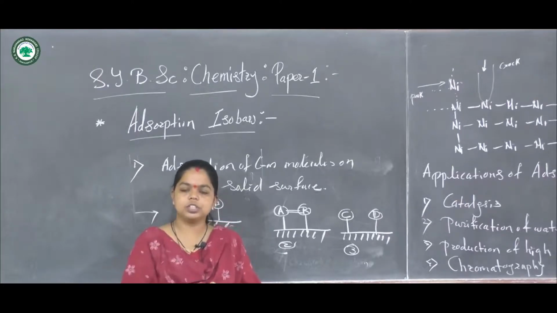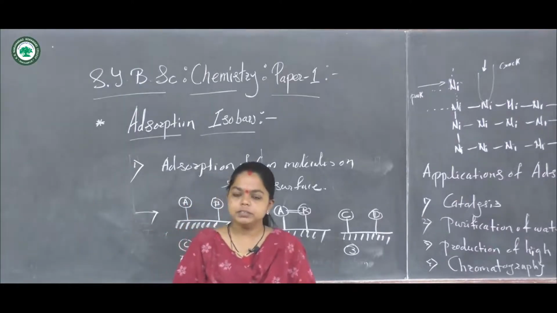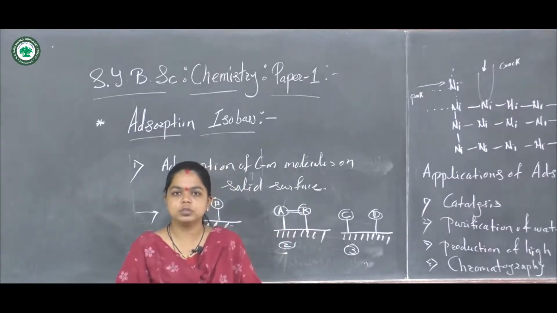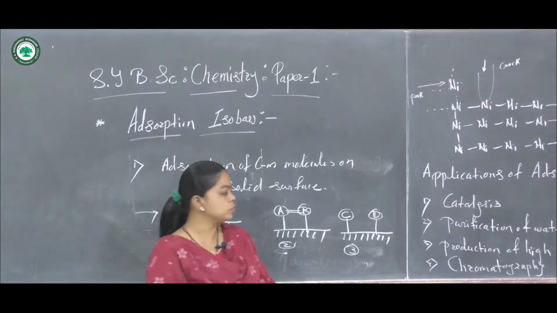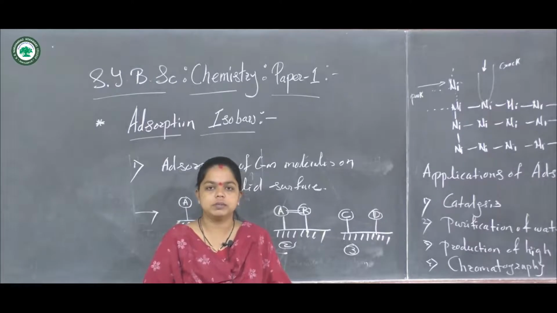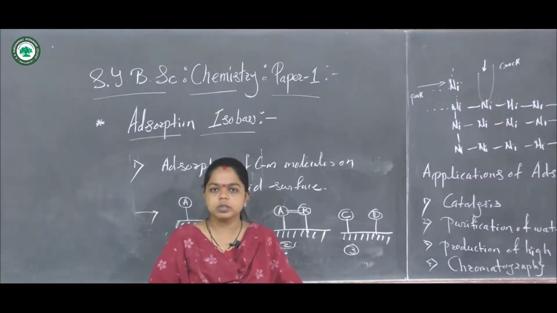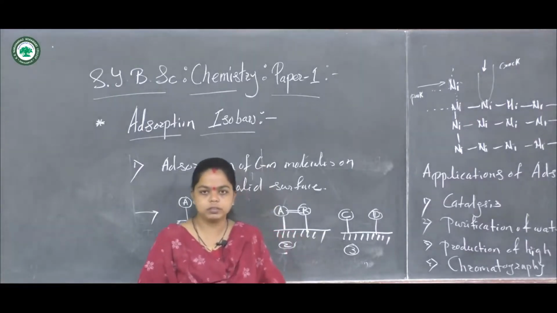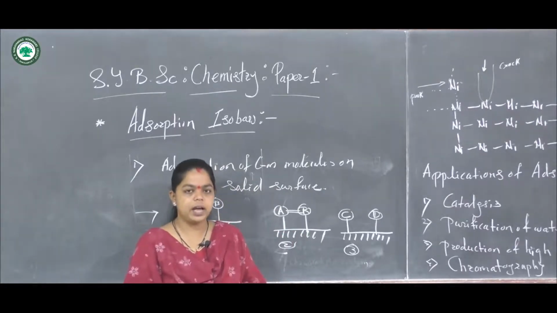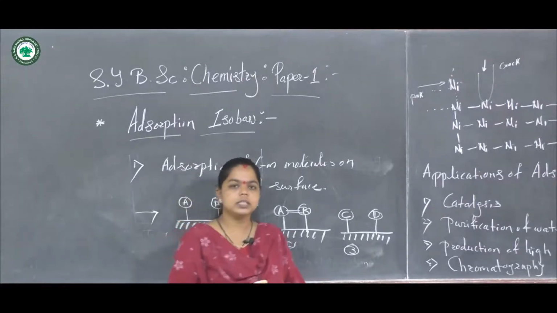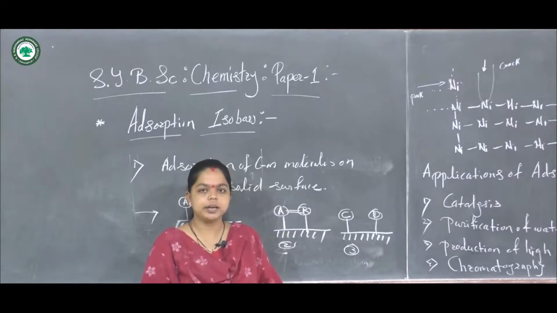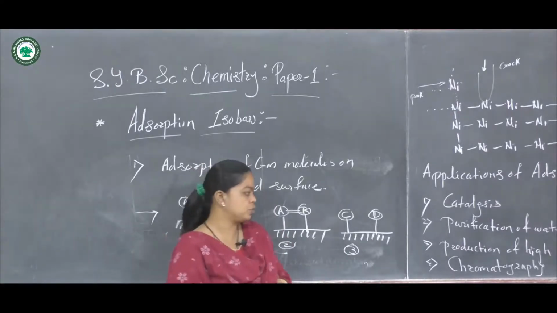So after elution, we get the separate compounds due to this adsorption coefficient. So this adsorption process is very useful in the separation of mixtures or different types of compounds in column chromatography, especially column chromatography, or in other techniques like ion exchange chromatography, then thin layer chromatography, paper chromatography, etc. So different types of methods are based on this adsorption technique.